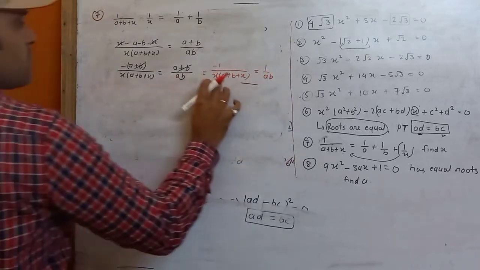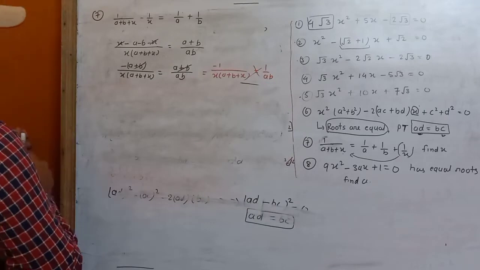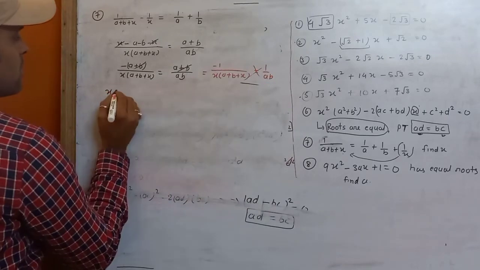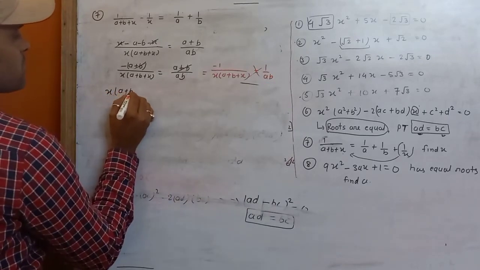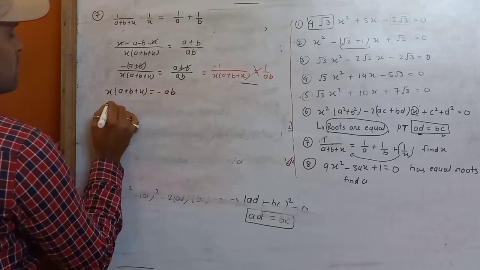Now solving further, cross multiply this. Cross multiplying, we get x into (A plus B plus x) is equal to minus AB.